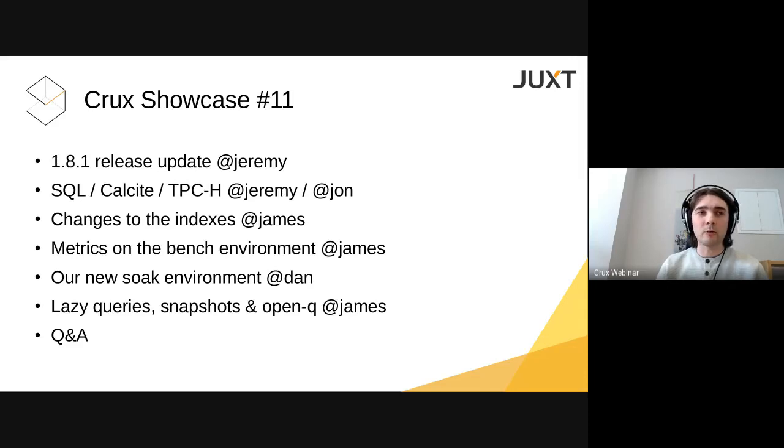I won't pretend I fully understand the implications of it, but we just increased the timeout, and that seems to resolve the issue for one of our users, which we're happy to report. So that was 1.81, a fairly minor release. But there'll probably be another one in the not too distant future, as we have quite a few changes lined up. So first exciting thing to talk about would be our work on SQL.